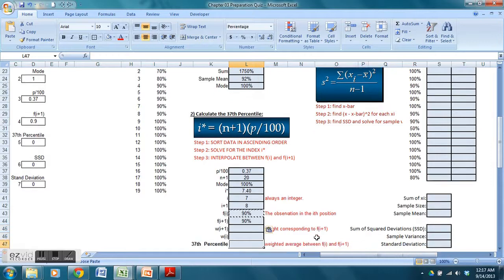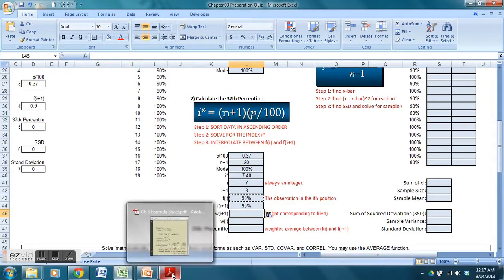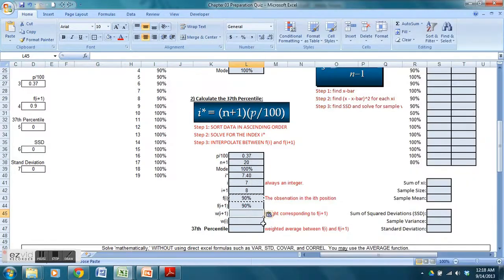Now the weight of I plus 1. Here's another example where the formula sheet can be helpful. I can look in the formula sheet under this percentile section, see that the weight of I plus 1 equals I star minus I. So I star minus I is 0.4.